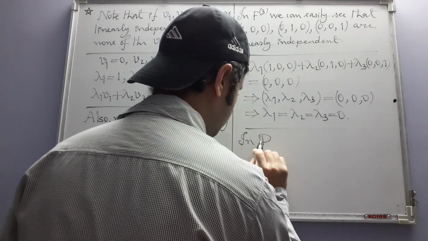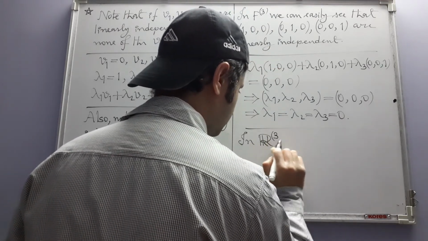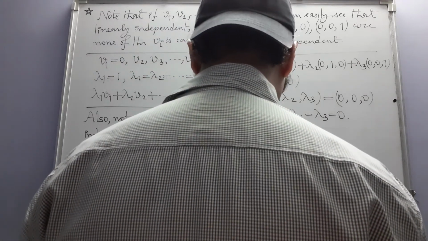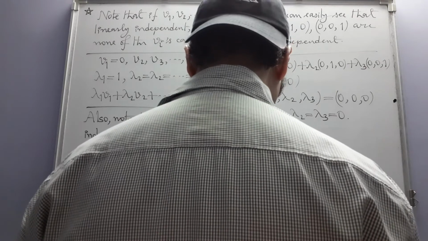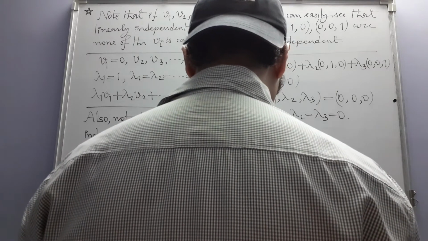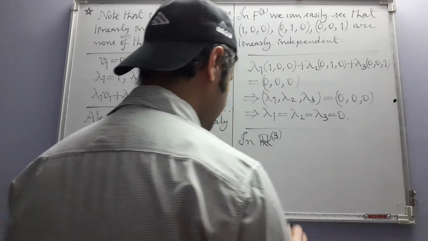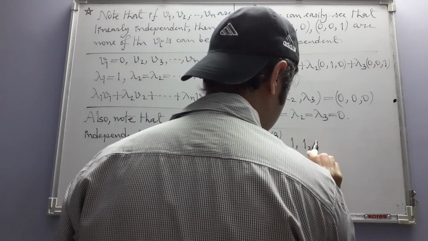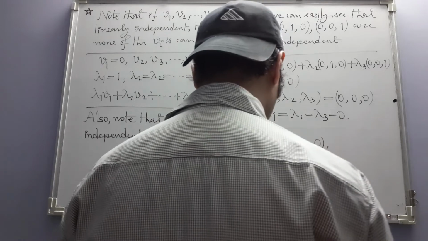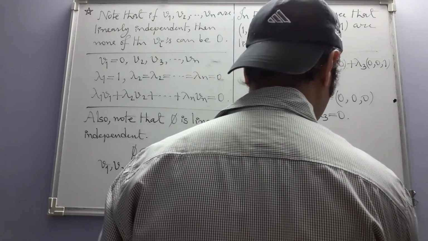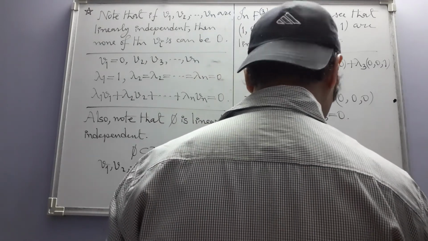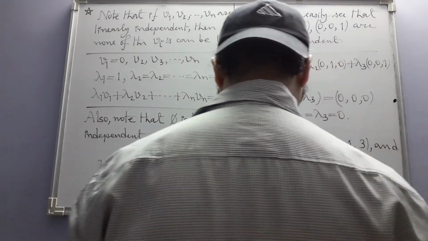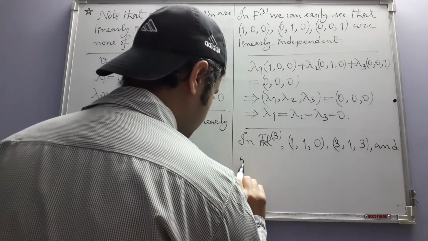in R3, in our ordinary 3D space, these vectors are linearly dependent: 1, 1, 0, 3, 1, 3, and 5, 3, 3.